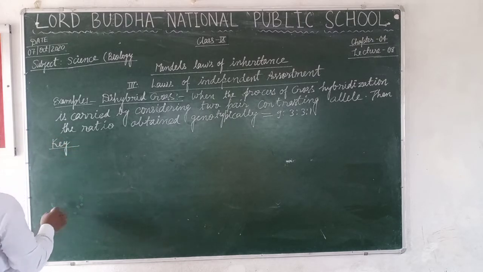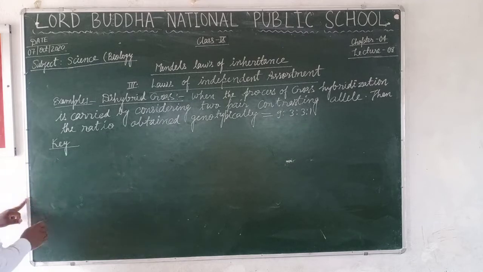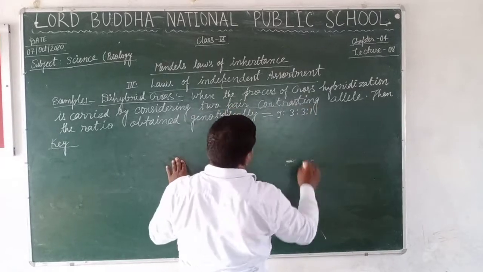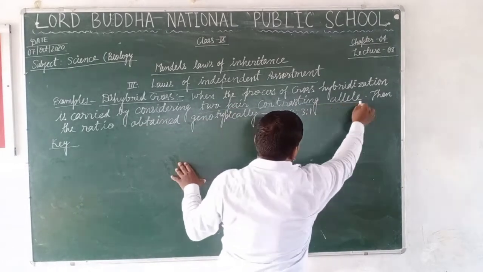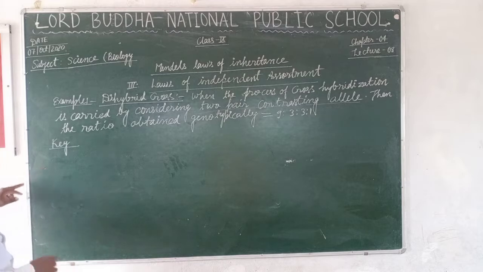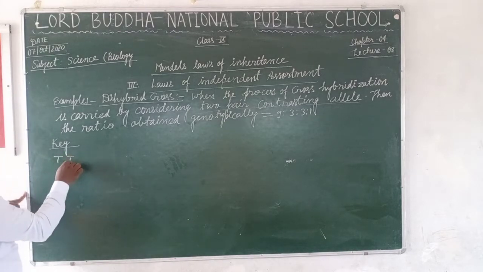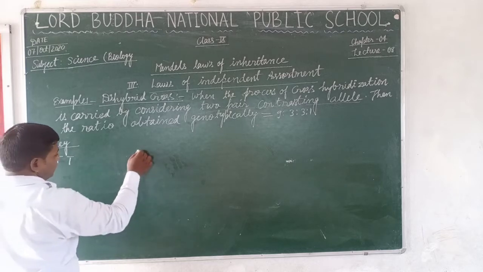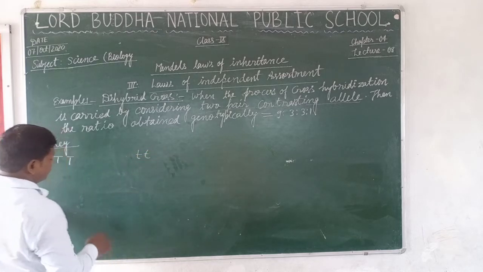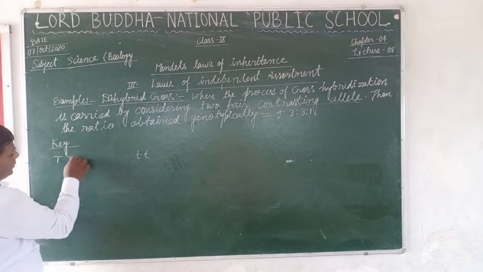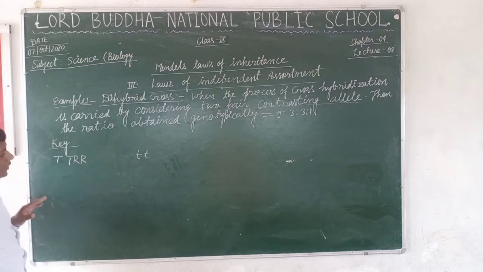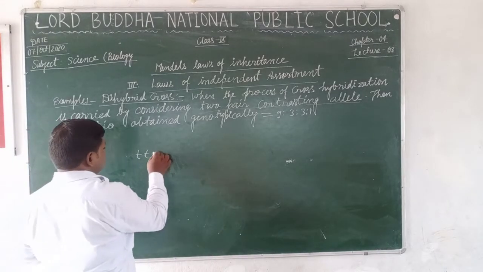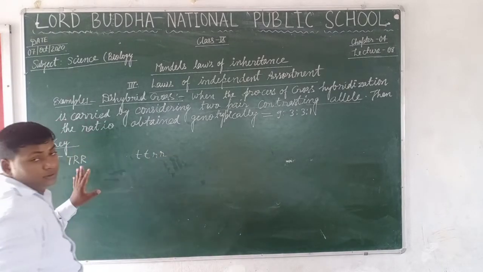Here we take two contrasting pairs of alleles. One is the length of stem, capital T for tall and small t for dwarf, the recessive characteristic. For flower color, capital R is for red flower, whereas small r is for white flower.